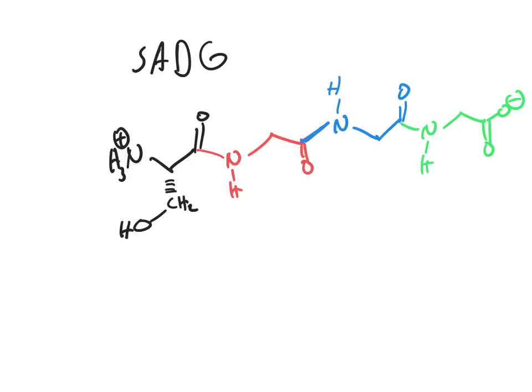The next one is an alanine. So our side chain is going to be a CH3. Our third one is an aspartate. So we need, whoops, I drew a D amino acid there. There we go. Aspartate.